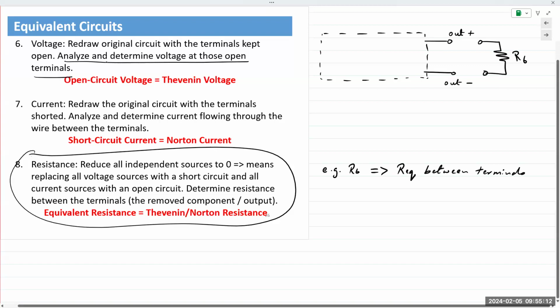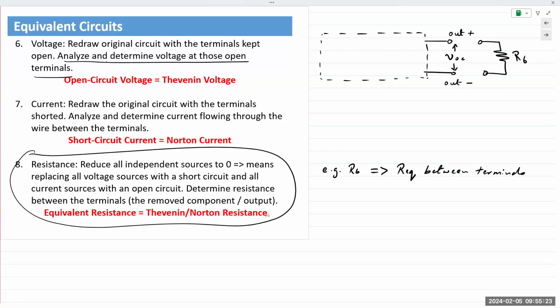All we do is we analyze the circuit and we find the voltage between these 2 terminals. It is referred to as the open circuit voltage, VOC, because the terminals are kept open. Right, you removed R6 from your circuit. Now there is nothing connected between those terminals.